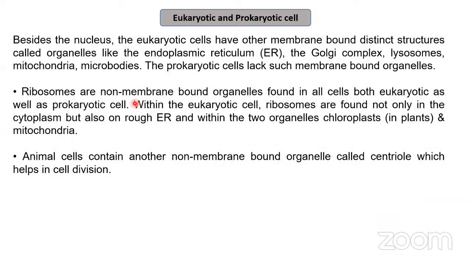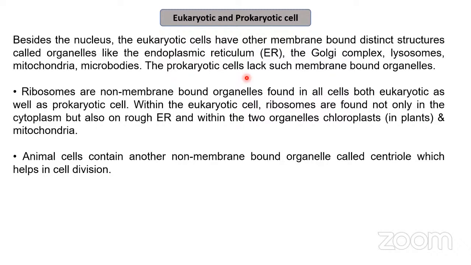Besides the nucleus, eukaryotic cells have other membrane-bound distinct structures. For example, they have endoplasmic reticulum, which itself has a membrane, then Golgi complex, lysosomes, mitochondria, and microbodies. Here I want to mention one thing: the prokaryotic cells lack such membrane-bound organelles.